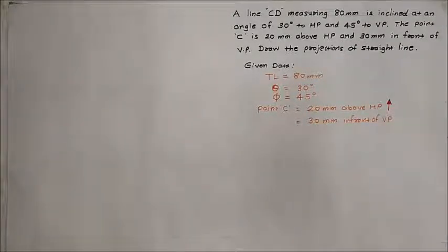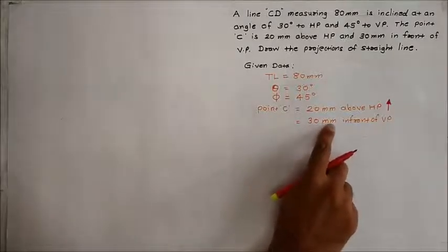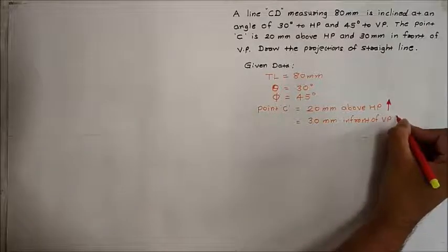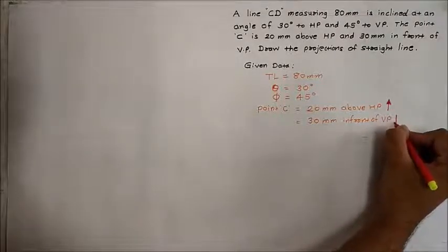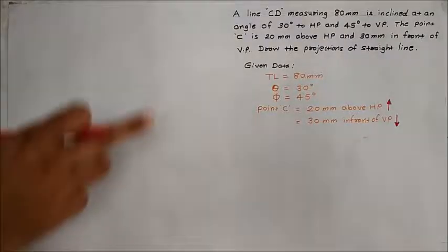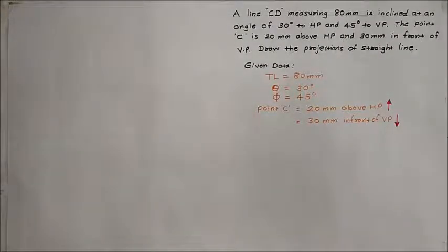Similarly, the distance of point C from the vertical plane is always visible in the horizontal plane, that is, in the top view. So while taking this 30 mm dimension for point C, we have to plot this point C below the XY line at a distance of 30 mm, that's why a downward arrow is shown.